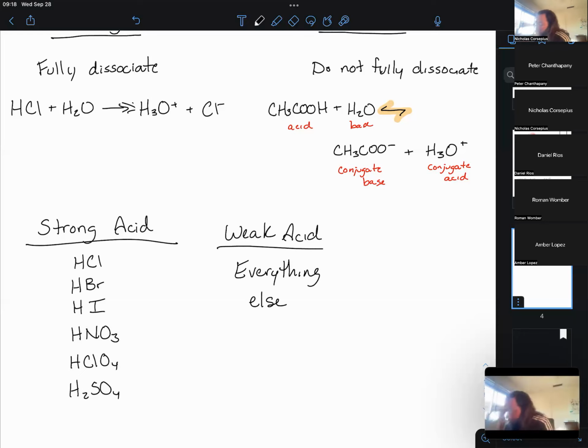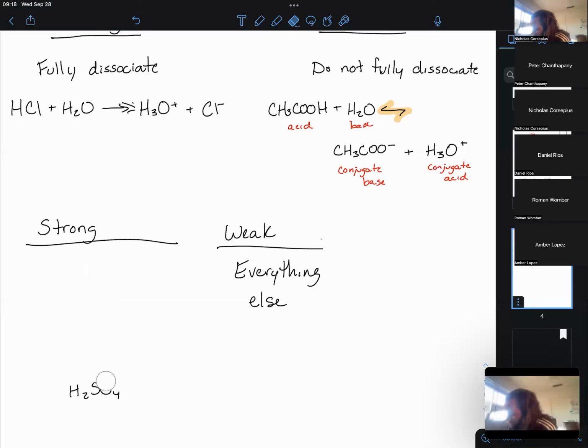All right. So with strong versus weak bases, these are actually a little bit easier to remember. So let's make our cheat sheet list here. Strong base versus a weak base.